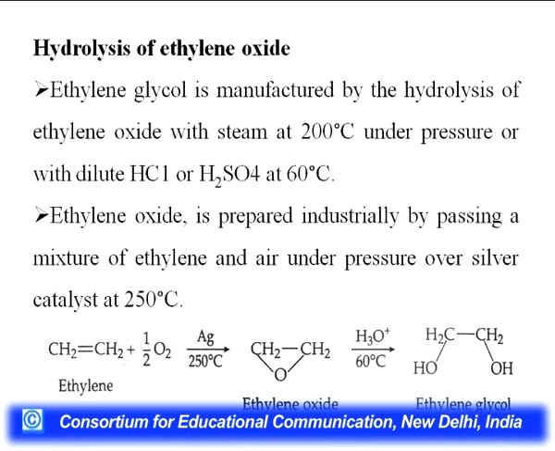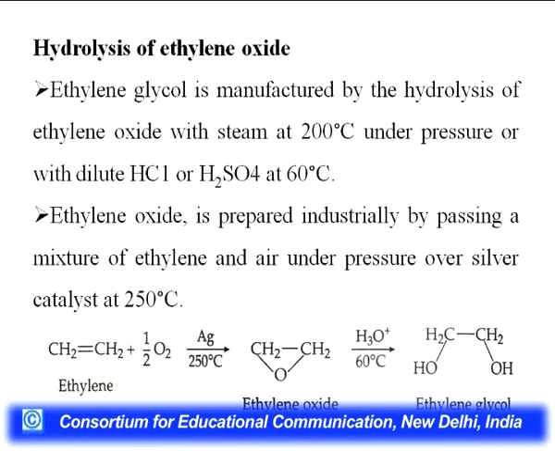Next is the hydrolysis of ethylene oxide. Ethylene glycol is manufactured by the hydrolysis of ethylene oxide with steam at 200 degrees under pressure, or with dilute HCl or H2SO4 at 60 degrees Celsius. Ethylene oxide is prepared industrially by passing a mixture of ethylene and air under pressure over silver catalyst at 250 degrees Celsius.